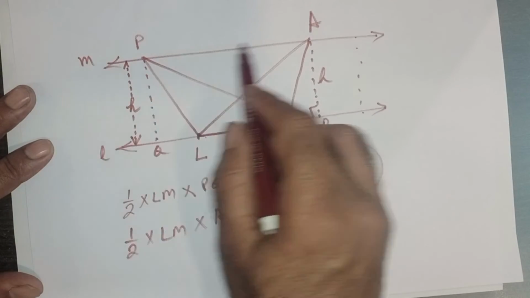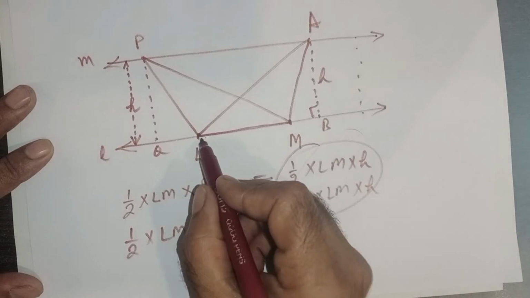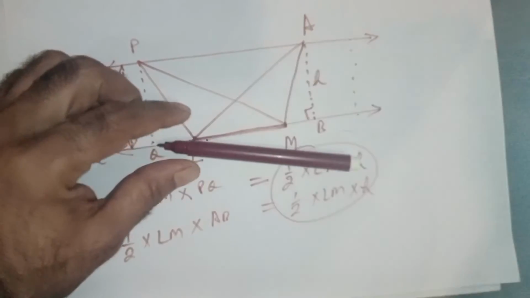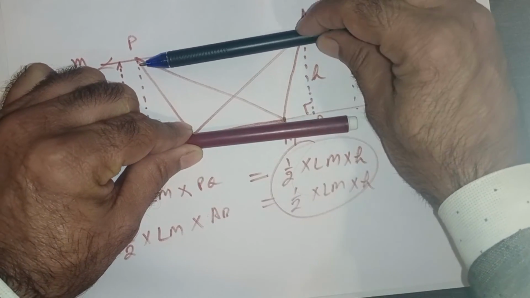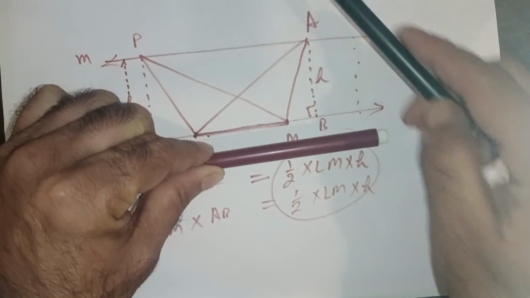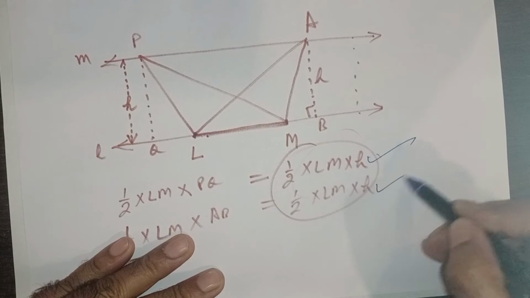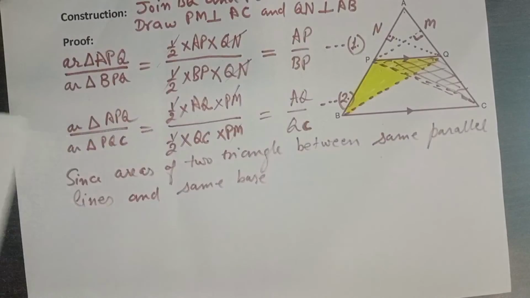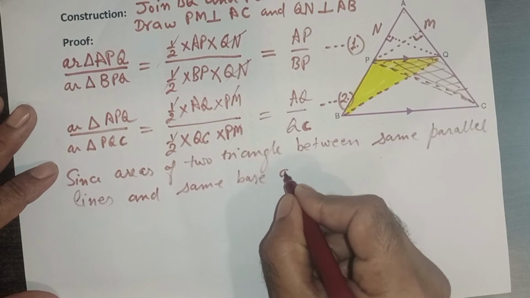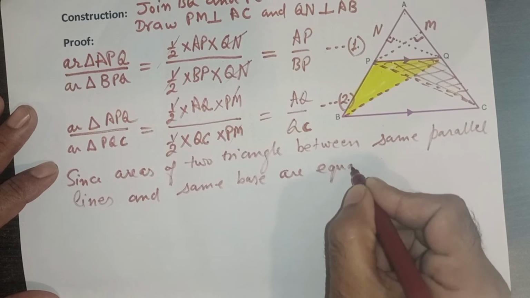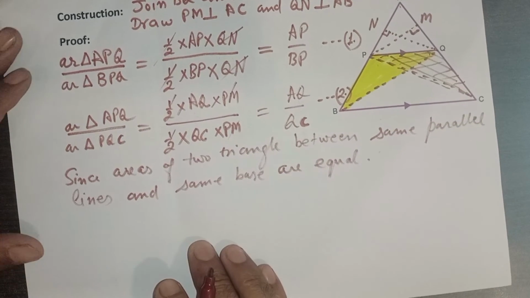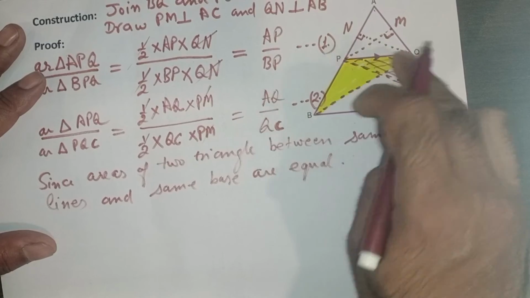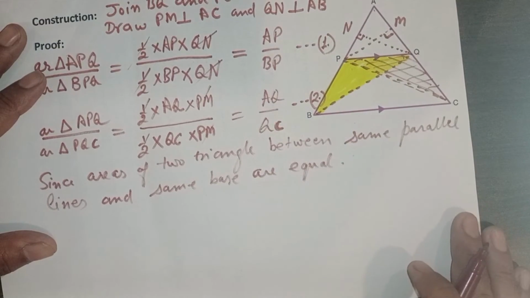Now like we had drawn these 2 triangles with the same base and they were between same parallel lines. One line was this, one line was this. They were parallel. Then the area of both of them came out to be equal. Areas of these 2 triangles are equal. That means now here the area of these 2 triangles is also equal for the same reason.